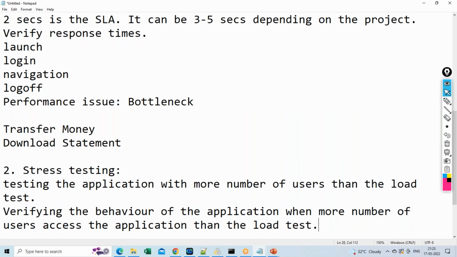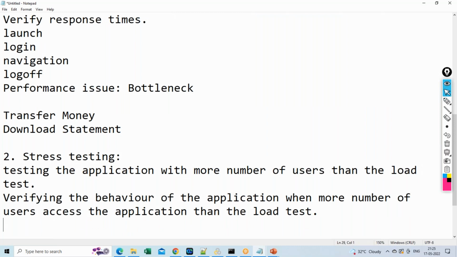I just took an example: if you are running a load test with 500 users, then you need to go for stress testing with more than 500 users.